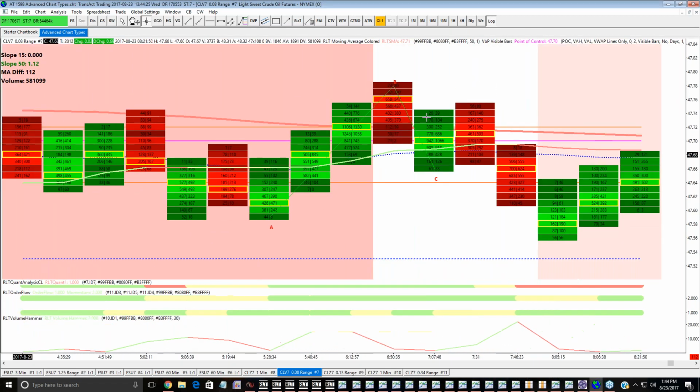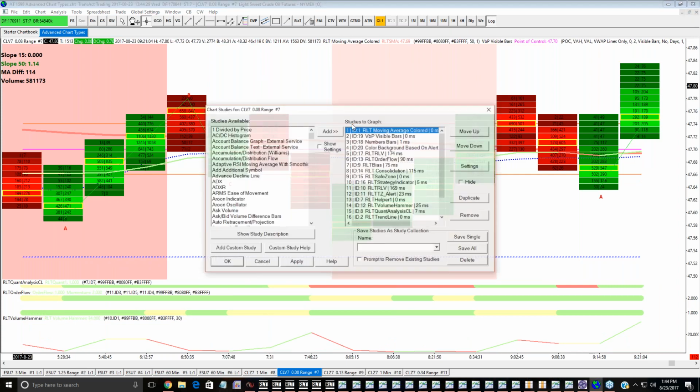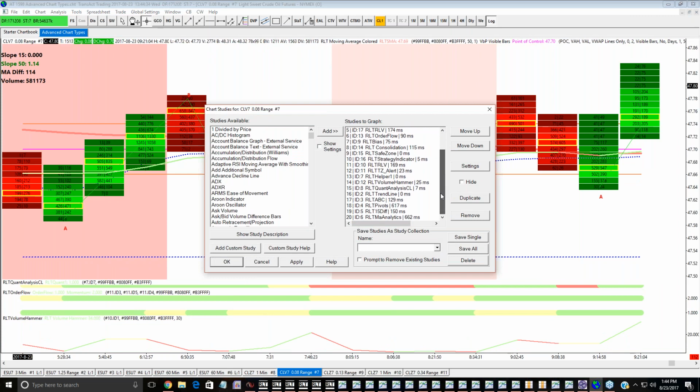Let me see if there's anything else that I've gleaned, and I've spent an awful lot of time on this, I have to tell you. We had to put in a lot of helper indicators. What the helpers do is allow you to analyze higher time frames. Now, we don't need these helpers in Ninja.